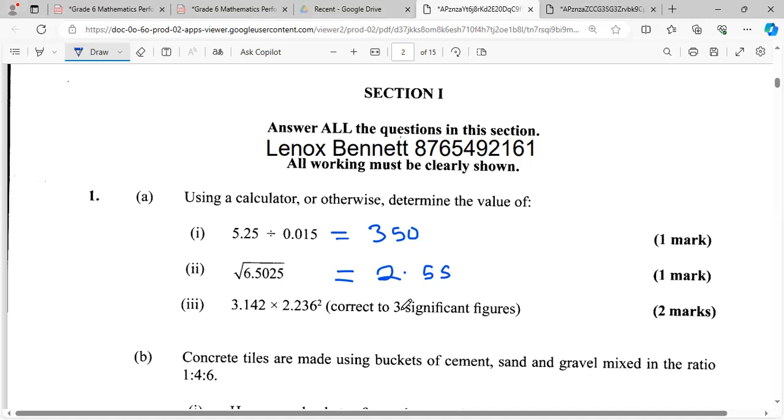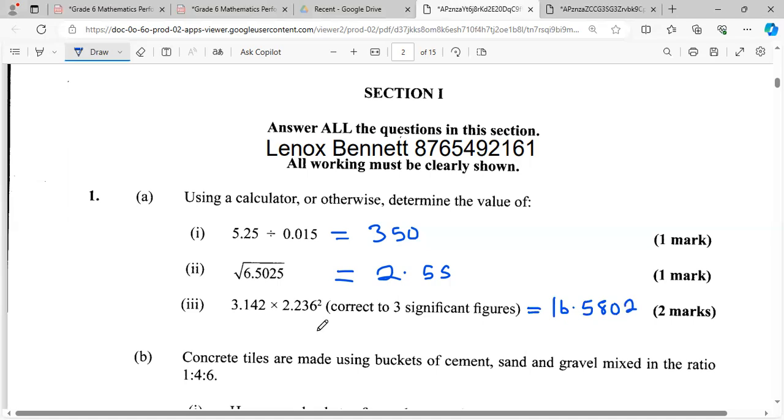So it's 3.142, that's pi, times 2.236 times 2.236. And the overall number that my calculator gives me is 16.580. And of course, not going to go any further.